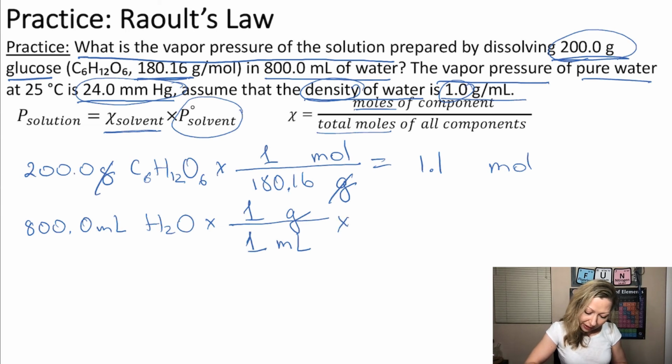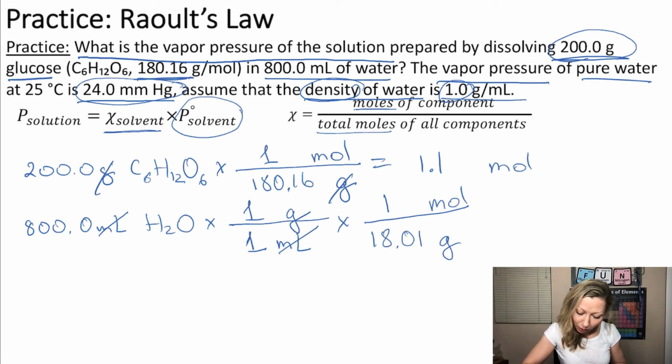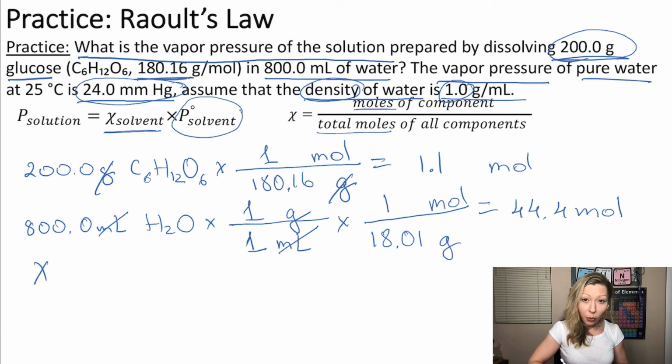And then, because the milliliters canceled out, now I can use the molar mass to convert into moles. We know that 1 mole of water is actually 18.01 grams. So if you do this calculation, you are going to get 44.4 moles of water.